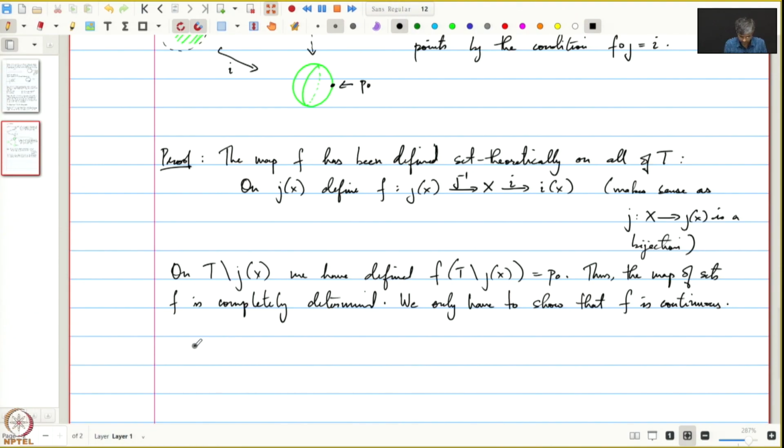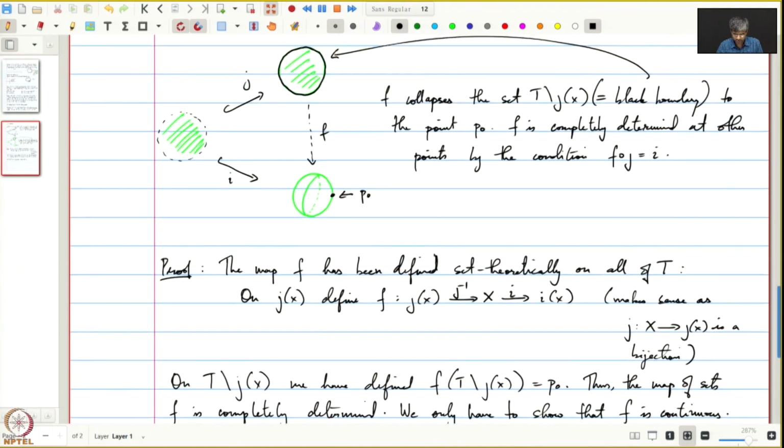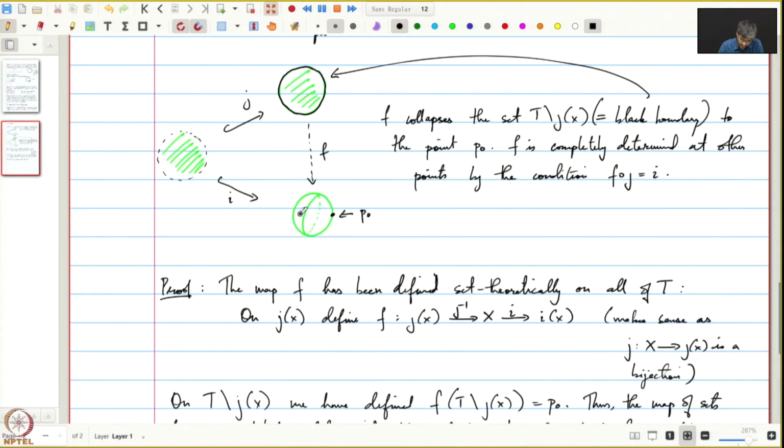Okay. So, for this, let V contained in X hat be an open subset. Let us first assume that P0 does not belong to V, right. So, in that case the open subset is contained somewhere over here.